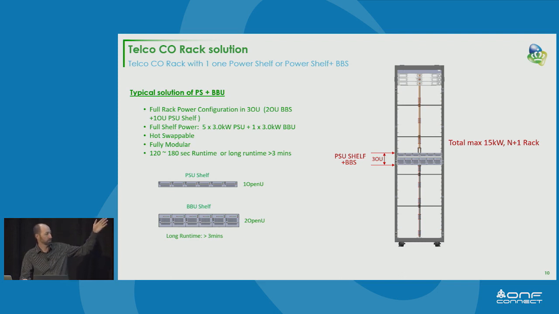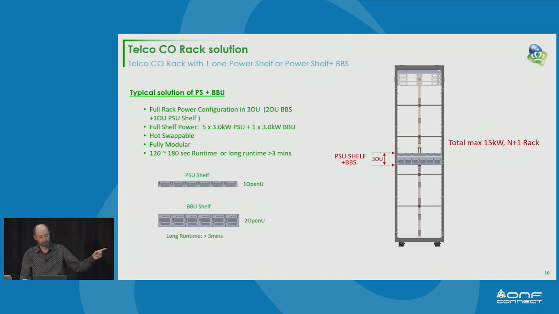You either put in one power shelf, which is one OU, or you can put in a BBU shelf and a power shelf, and then instead of using one OU for the power, you use one OU plus 2 OU for the battery backup. But for KPN this is not relevant, but for other telcos it was, so we looked into it to see if we could create this as an option in this rack.